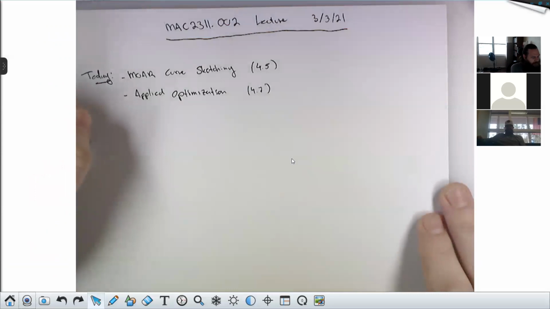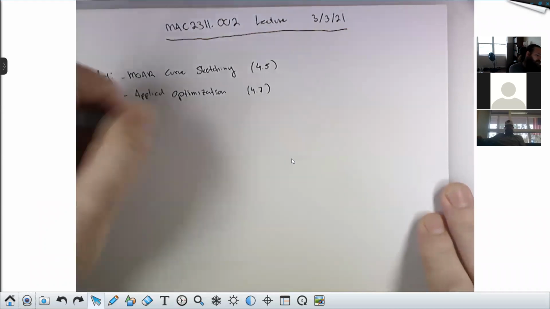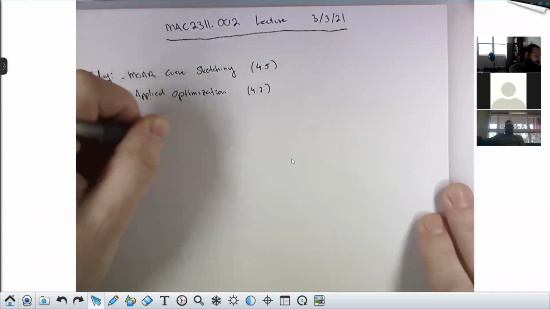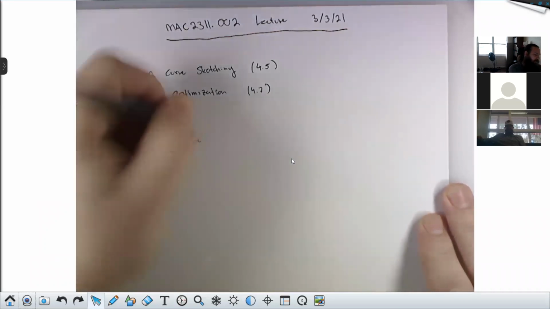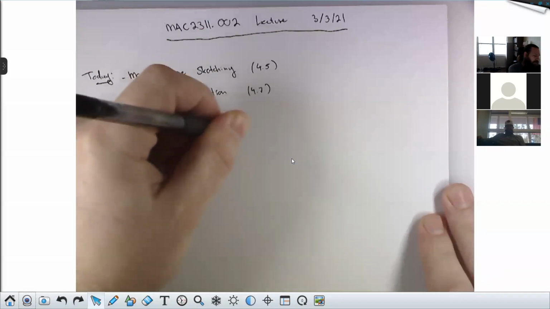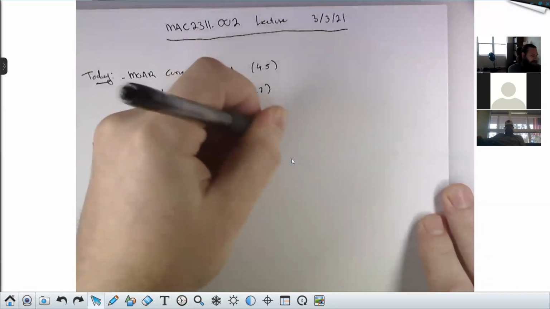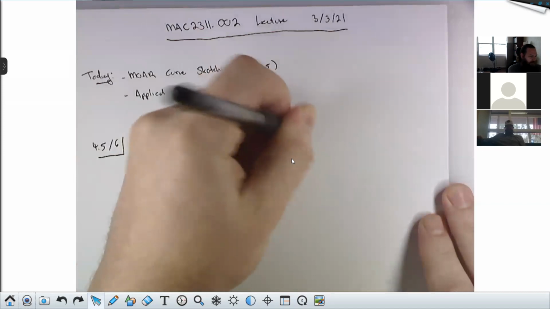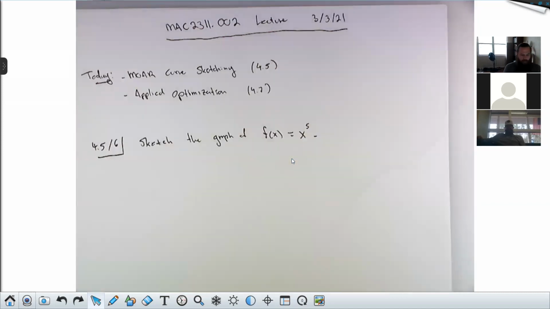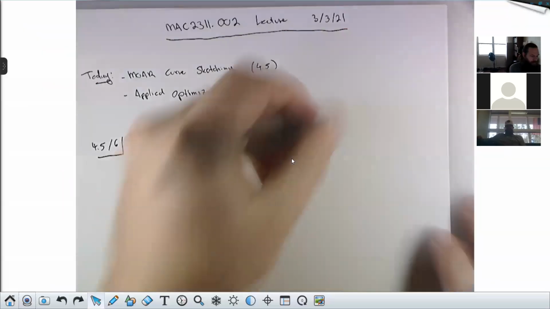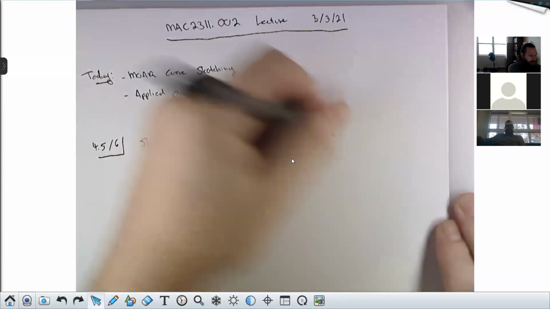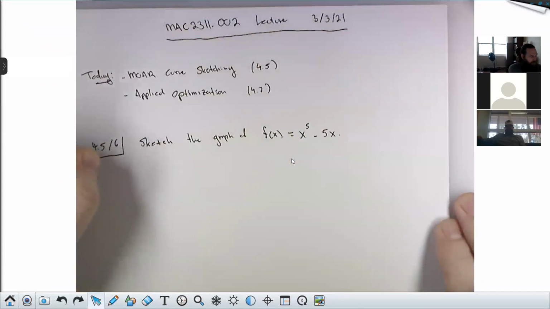So this is section 4.5, problem 6 in the textbook, and it just says to sketch the graph of f of x equals x to the 5 minus 5x, right? Yeah. So we've got to run through all those things. First, the domain.